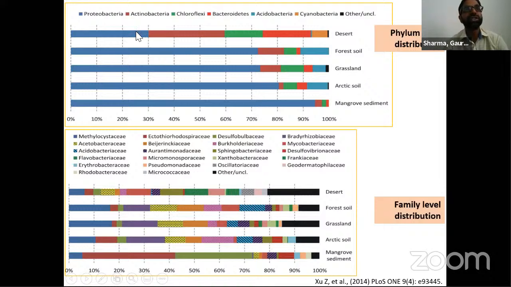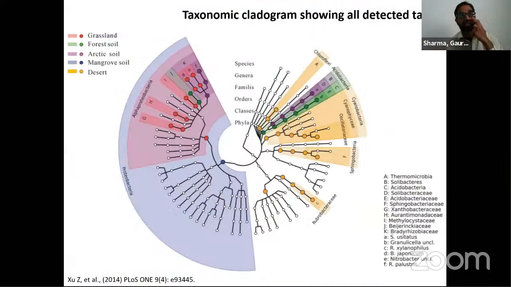They have Proteobacteria here around 30%, but here the Proteobacteria has gone up to 70 or 90% in different samples. So we can do all these comparisons and find out valuable information about which organisms are present there, and we can make all these different types of figures and analyze our data in a more sophisticated manner.